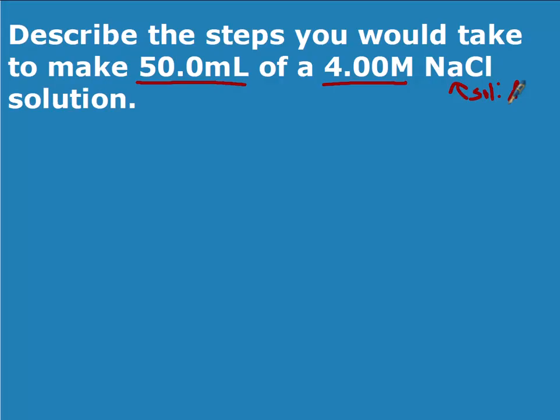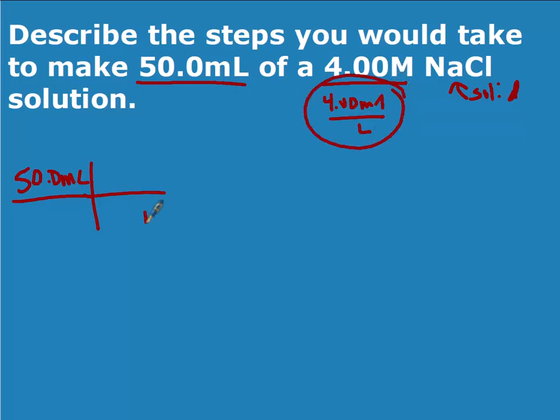So previously, like when we had density, molarity is a conversion factor. So we're going to start with our 50 milliliters. And molarity, again, is 4 moles per liter in this case. So I need to get milliliters to liters so I can use this conversion. So from the AP formula chart, 1 milliliter is 10 to the negative third liters.